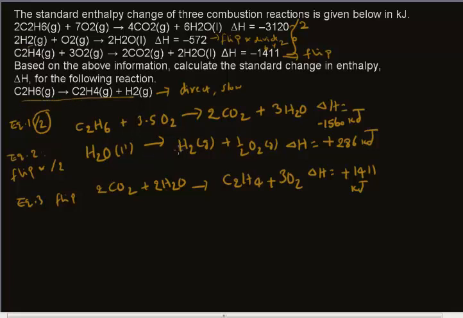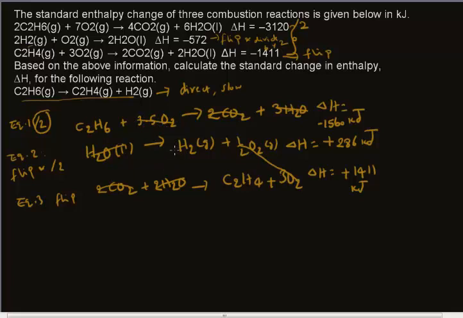Before I add these three equations, let's cancel out the identical terms. I have 2 moles of water plus 1 mole of water on the left hand side, so altogether that's 3 moles. So 3 moles of water on the left hand side will cancel out with 3 moles of water on the right hand side. I have 2 moles of CO2 on the left that cancels out with 2 moles of CO2 on the right. What else can we cancel out? 3O2 plus half O2, that's 3.5 O2 on the right, which can cancel out with 3.5 O2 on the left.